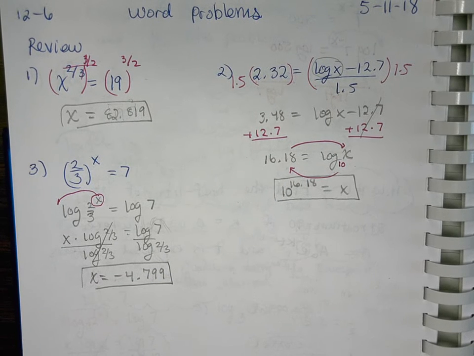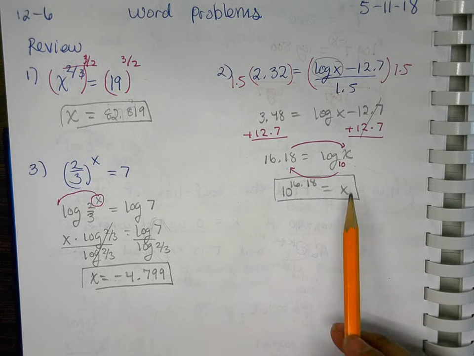So if there's only one log, you can't divide by it. Correct. You can't divide by log, but you can divide by log of 7 or log of 2/3. You can't do that because it's just log of x. Right here.